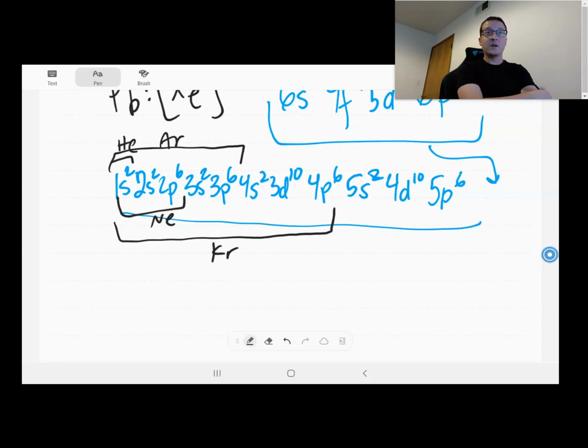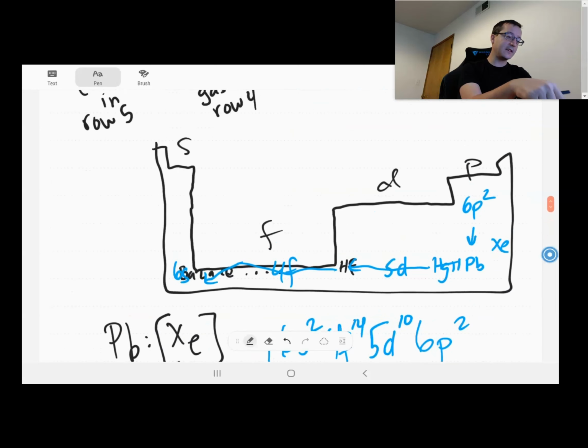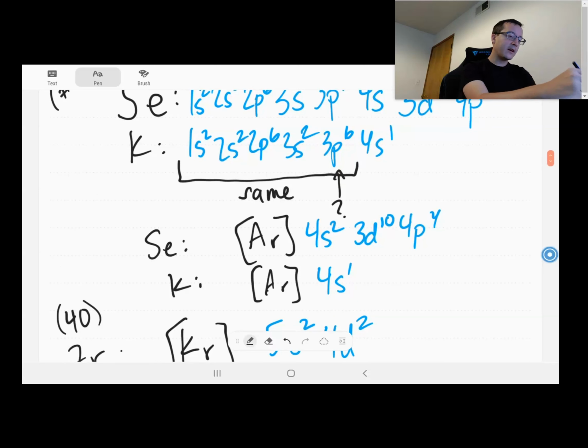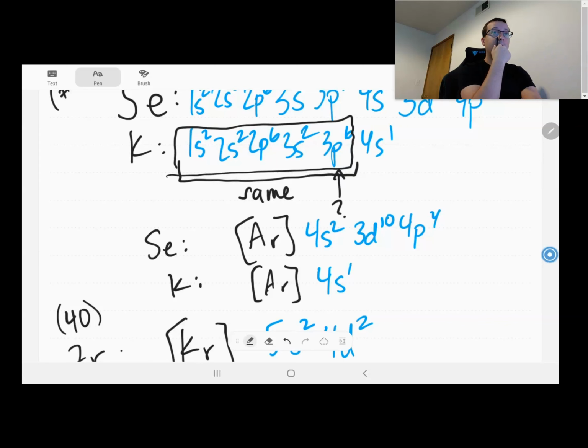We're going to see that if we count the valence electrons of all of these. Let's look at what's the easiest one for us. Let's do this one. So if we look at this noble gas, which was argon, how many valence electrons are in argon?